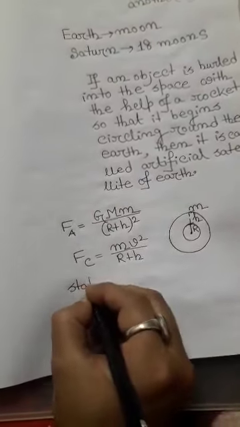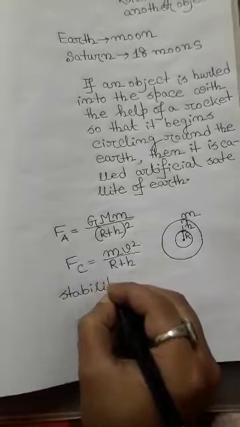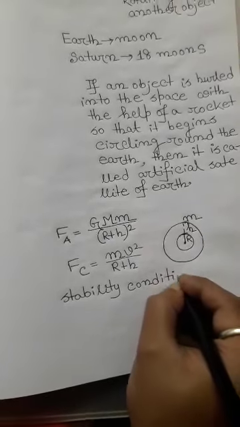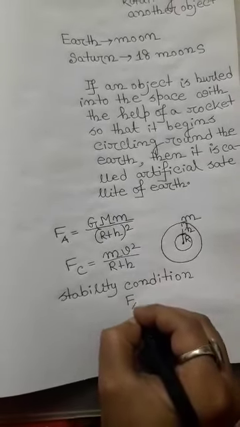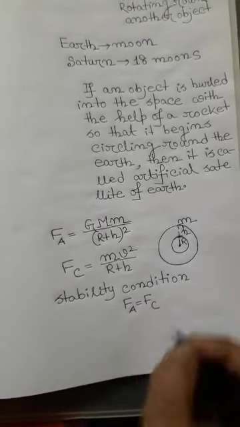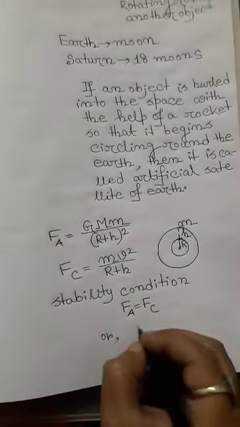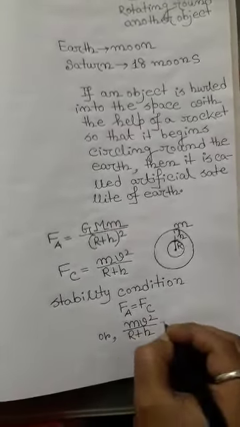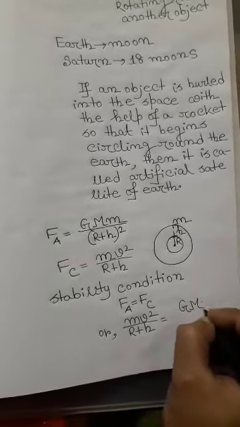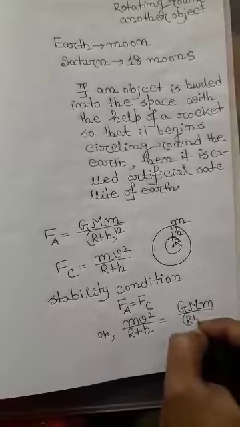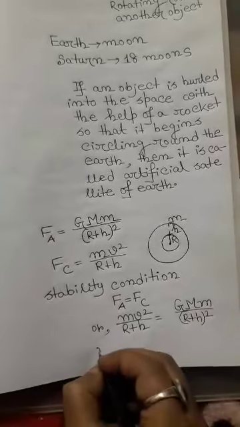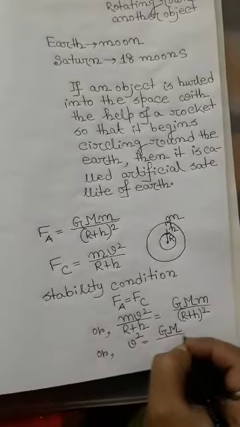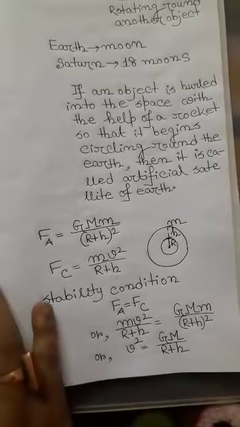The stability condition is that Fa equals Fc, and if we simplify it, we get m v squared by R plus h equals G M m by R plus h the whole squared. So we can write v squared equals G M by R plus h.